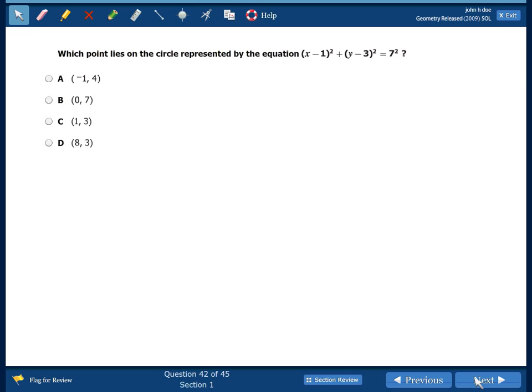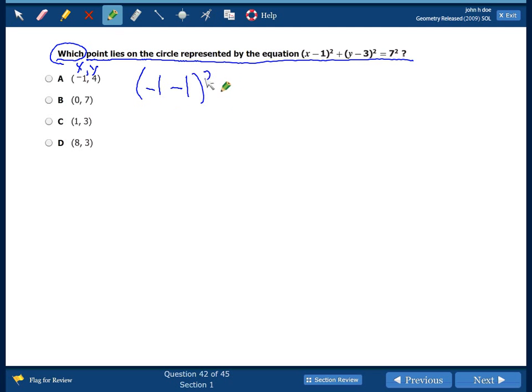So we're coming to the end. We have question 42. It says, which point lies on the circle represented by the equation x minus 1 squared plus y minus 3 squared equals 7. So remember, just like we did earlier on another circle problem, we're going to substitute x and y in. So we're going to try the first one, see what it comes up with.